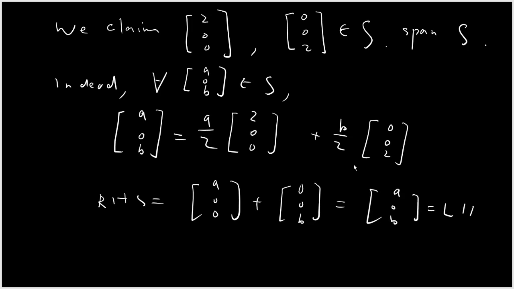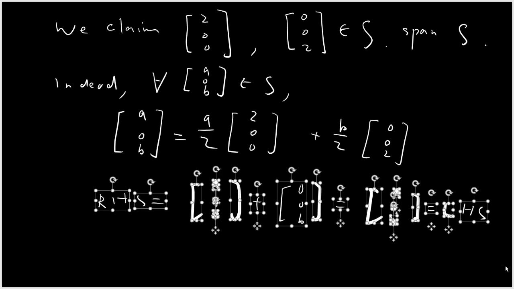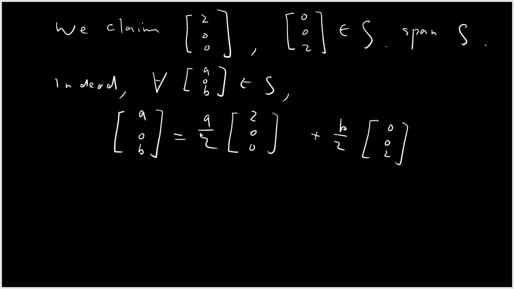So which is the left hand side? Yeah, that's how you choose the 2 numbers. But you do not have to show this as long as you give me the 2 coefficients showing every vector in S is a linear combination of the 2 chosen vectors. First of all, you choose 2 vectors, and then you show every vector in S is a linear combination of the 2 chosen vectors.